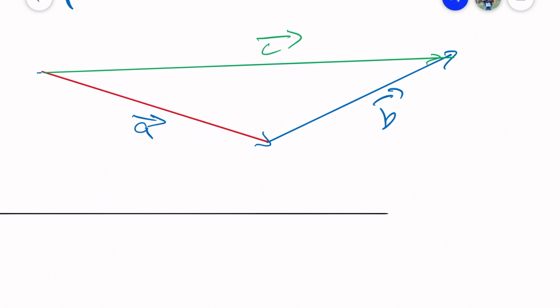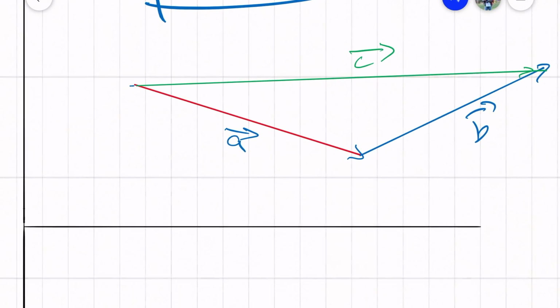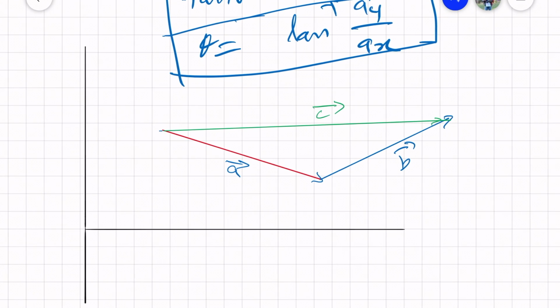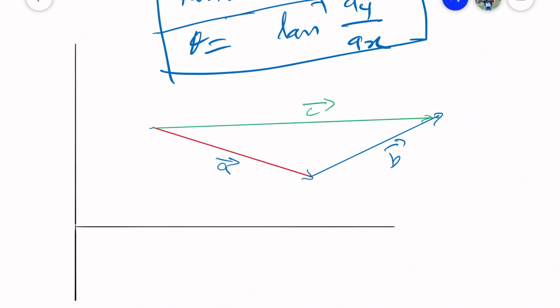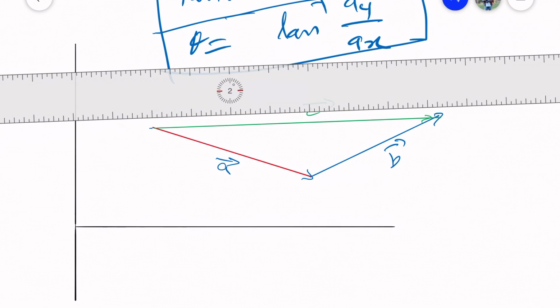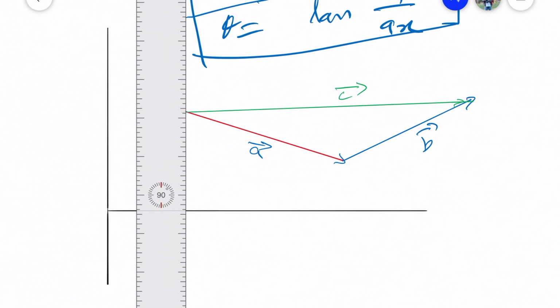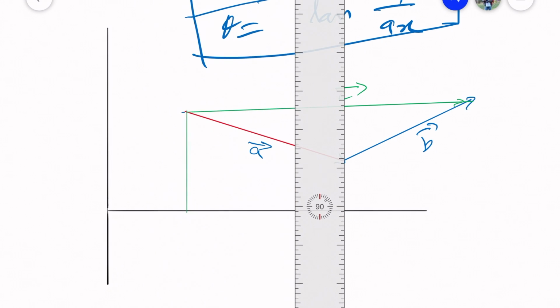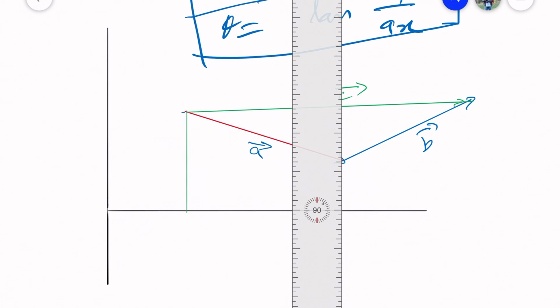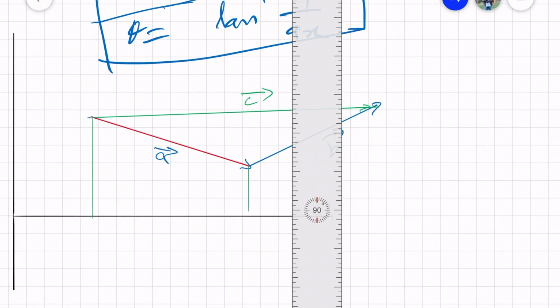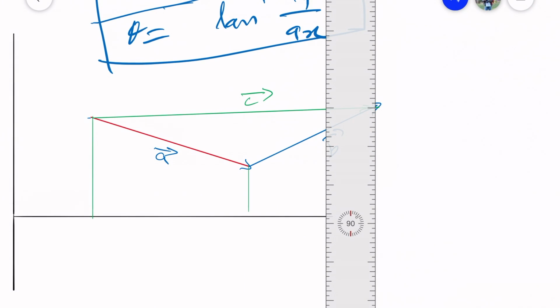Now what we are really saying is that if we wanted to add these two vectors mathematically, what we can do is we can find their components. So what will be their components? The component of the first vector would be this guy. So this is the x component of the first vector, and this is the second guy, and this is the third guy.